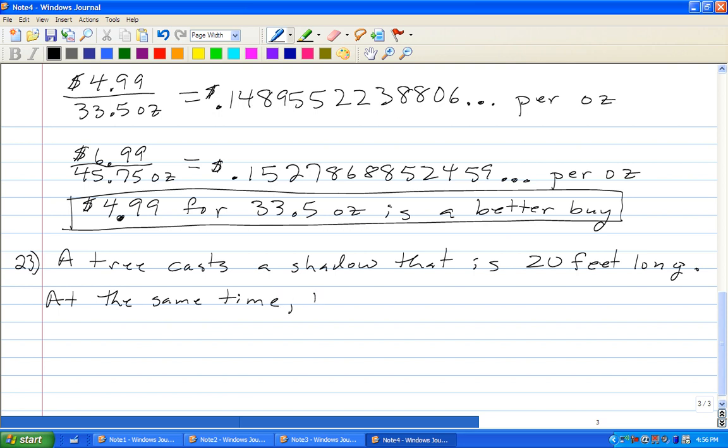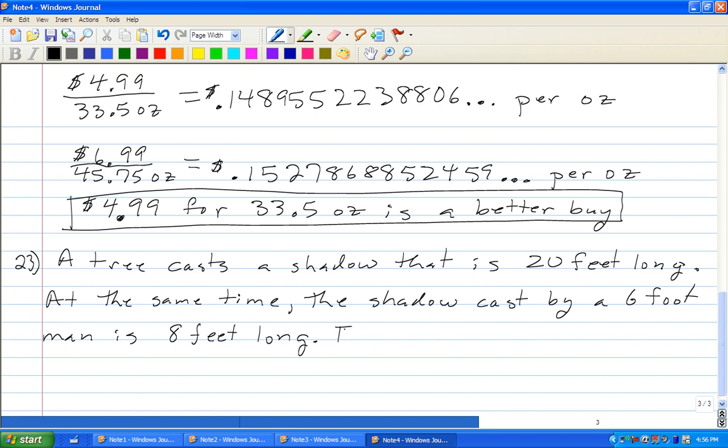The shadow cast by a 6-foot man is 8 feet long. Find the height of the tree.